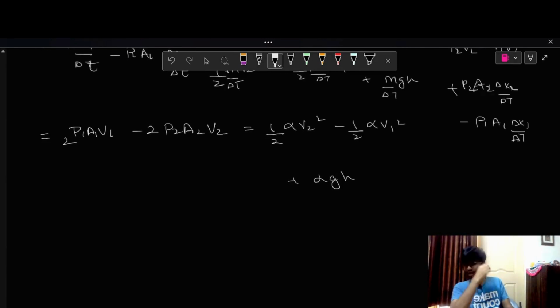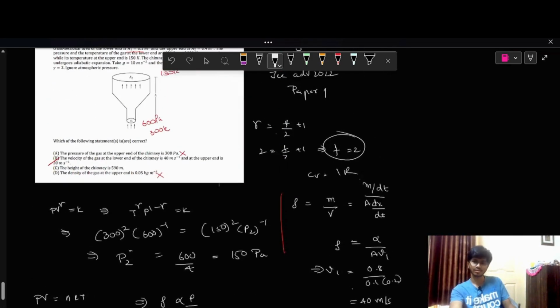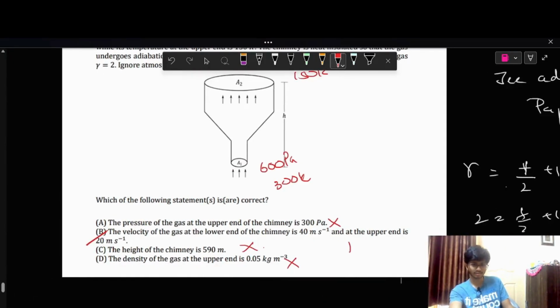We know all the values except the height. On calculation the height comes out to be 360 meters. So even option 3 is wrong, so the correct answer is just option B.